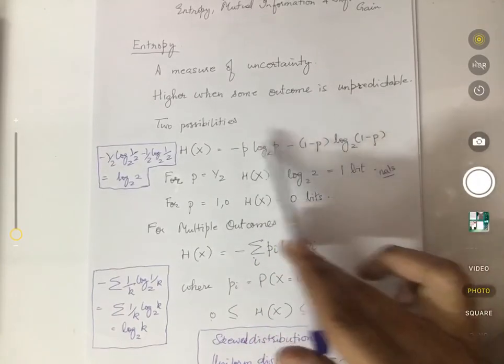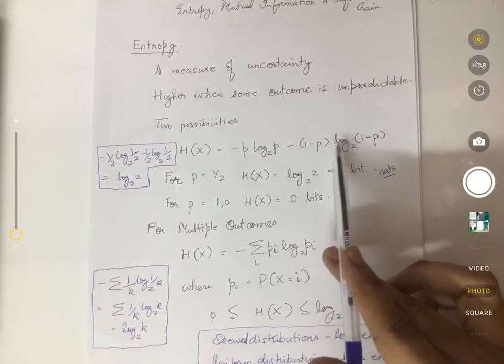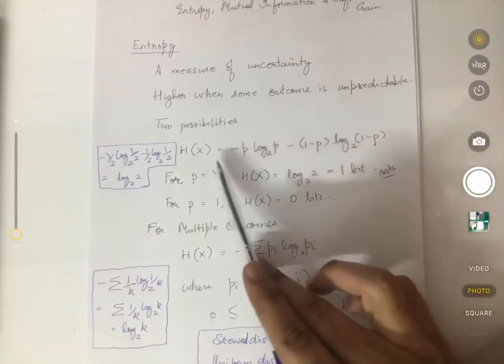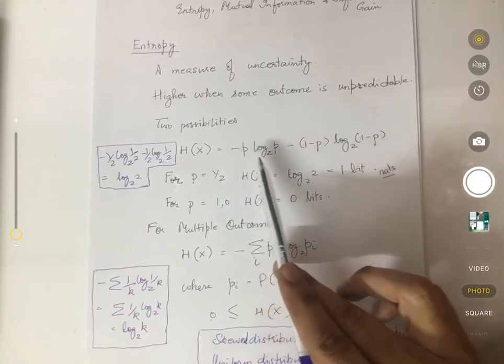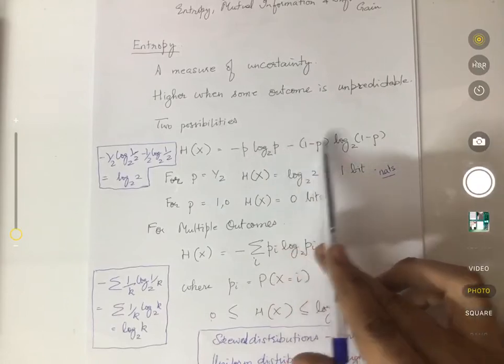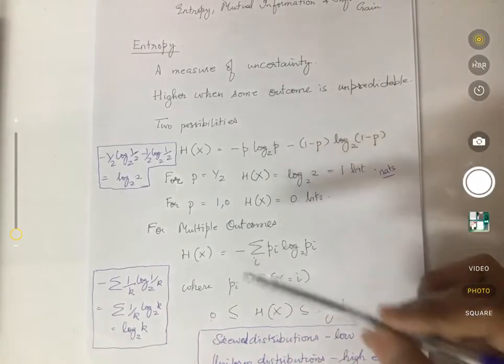So even though this is an indeterminate form, it's assumed that h of x is 0 when p equals 1 or 0.